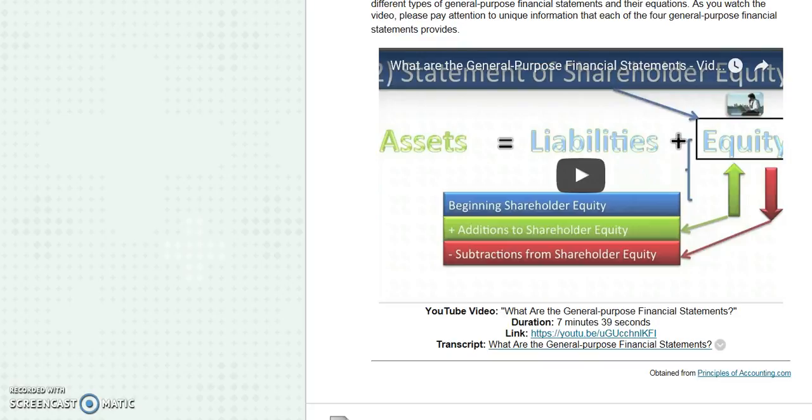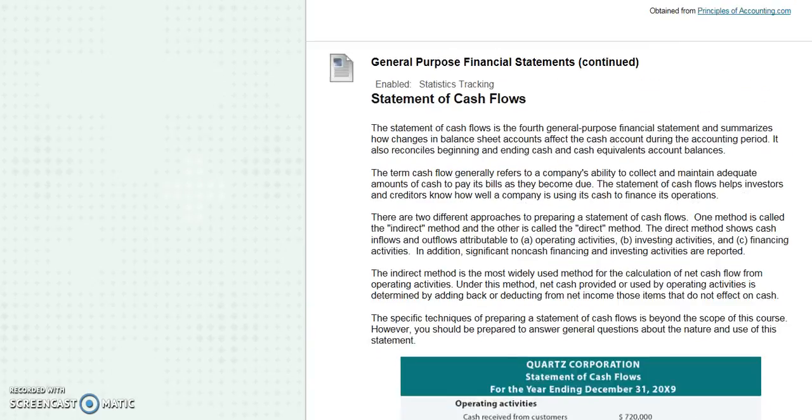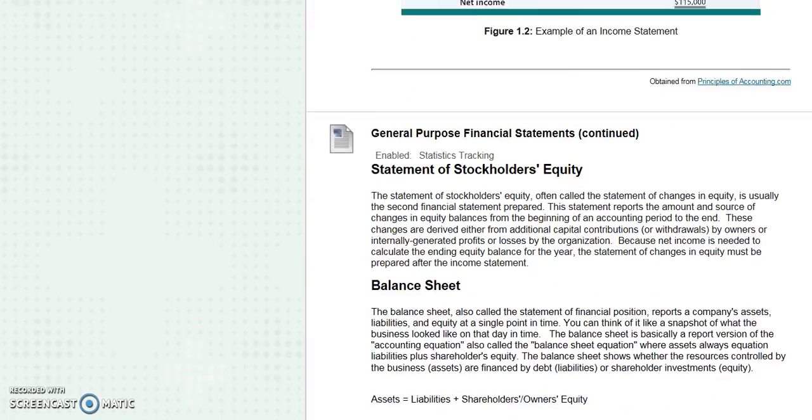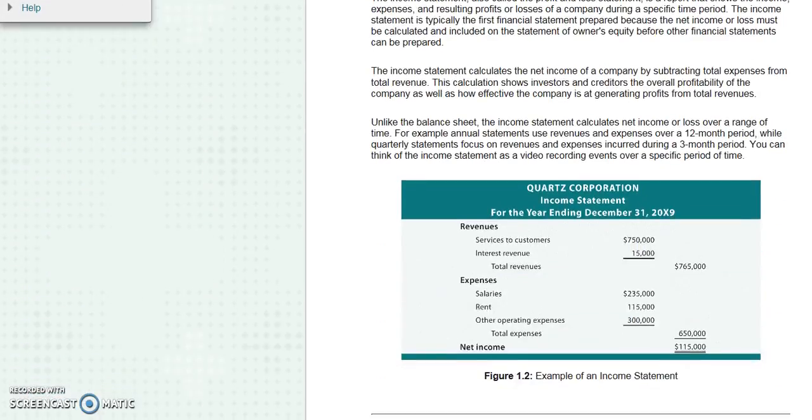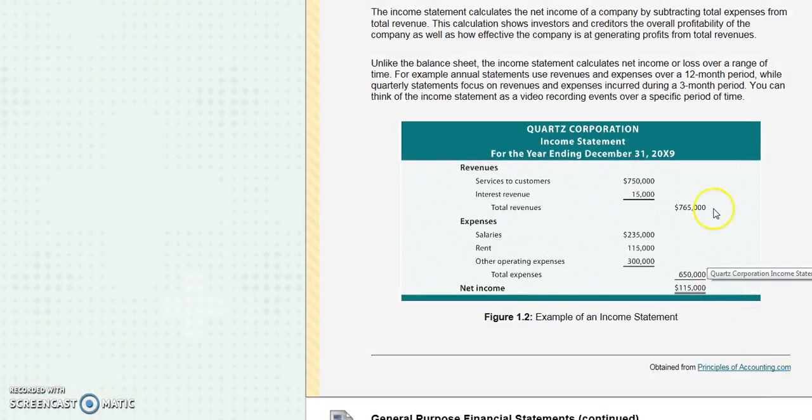So if you watch that video, it can probably do a better job than I can explaining what the financial statements are. Now, there's also some nice pictures of some financial statements in here. Like, for instance, here's the income statement. And I mentioned this already in the welcome video also. Income statement tells us how much profit the company makes. So net profit, net income are the same thing. All you do is take your revenues, or the monies that you have earned, subtract out your expenses, and you come up with your net profit. Of course, there'll be a lot more expenses.